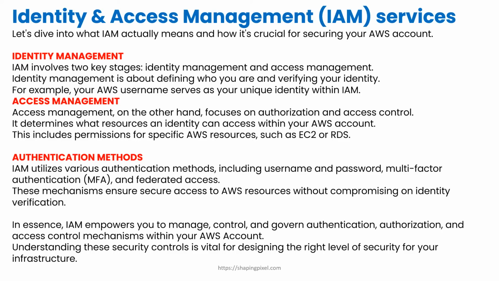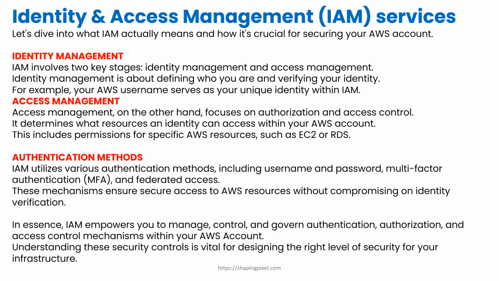So let's dive into what Identity and Access Management, IAM, actually means and how it's crucial for securing your AWS accounts. IAM involves two key stages: identity management and access management. Identity management is about defining who you are and verifying your identity.